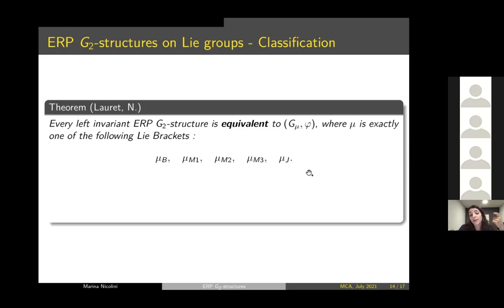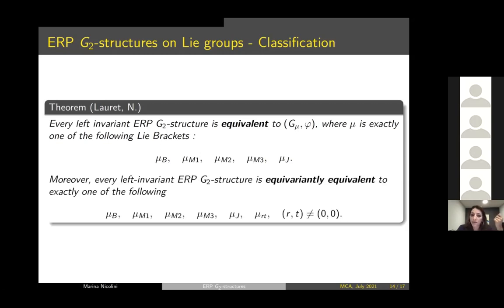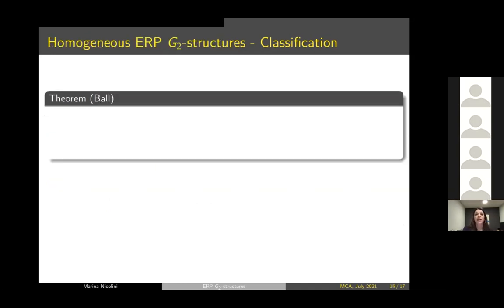And also, if you want a classification up to equivariant equivalence, you only have to add the examples given by Fino and Raffero. Remember that these examples are equivalent to Bryant's example. And this result is pretty interesting because Gavin Ball studied what happened in the homogeneous case.